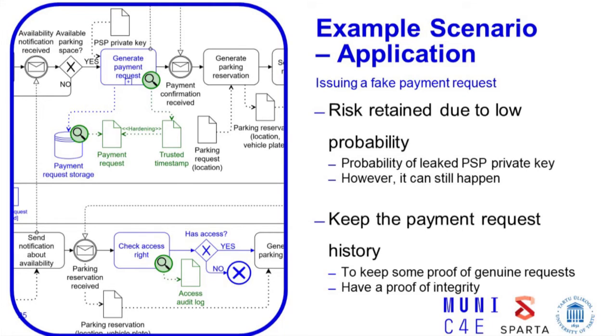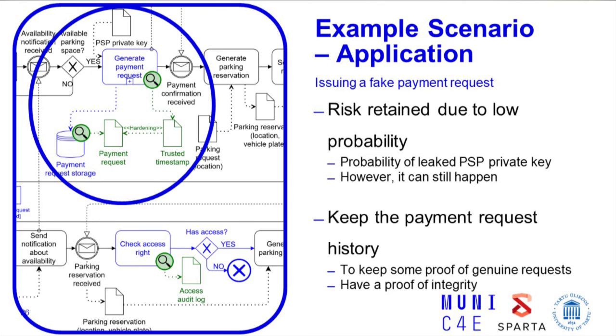By issuing a fake permit, we might retain, say, a log of requests, a history of requests. This risk was previously retained due to low probability of happening, because the attacker needs to access a PSP private key, which is pretty well secured, but still there is this possibility.